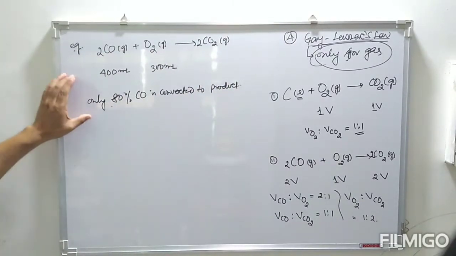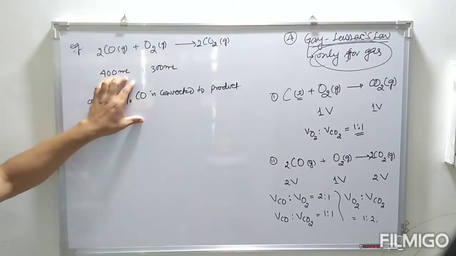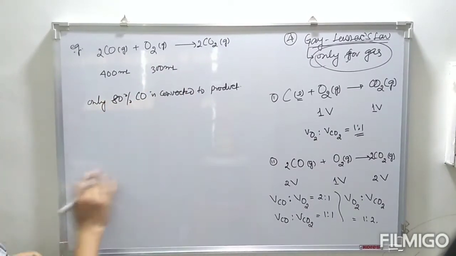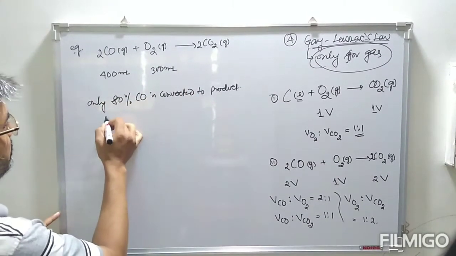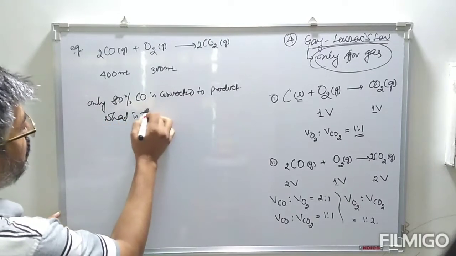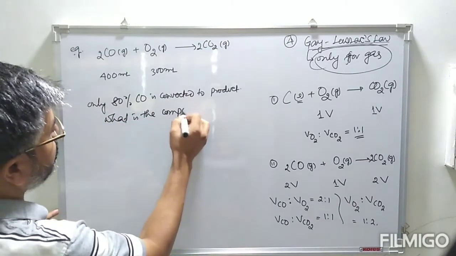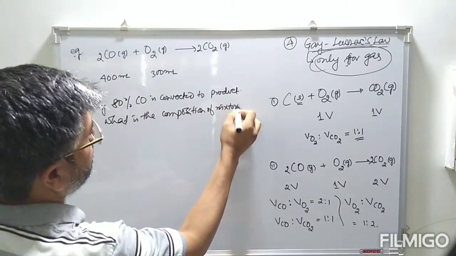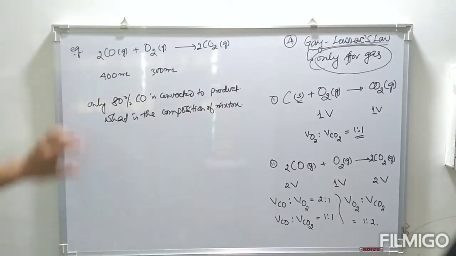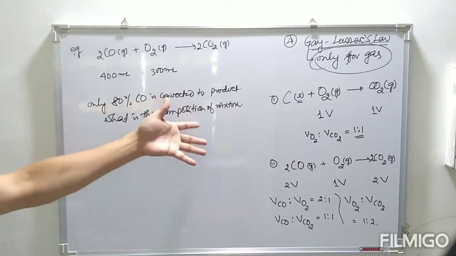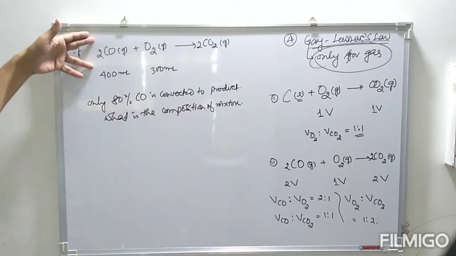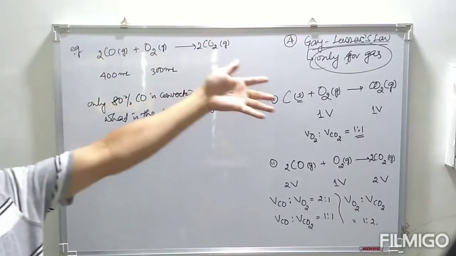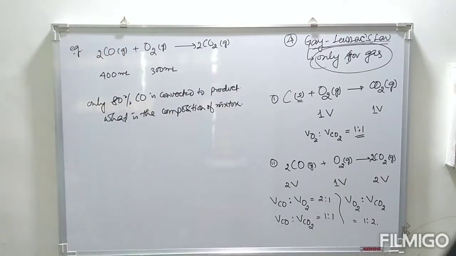But the condition is only 80% of the carbon monoxide is converted into the product. So what is the composition of the mixture? Means after this reaction, what is the volume of carbon monoxide left, what is the volume of oxygen, what is the volume of carbon dioxide formed?